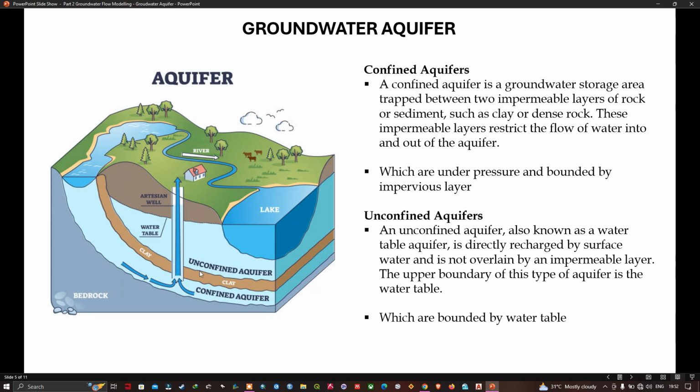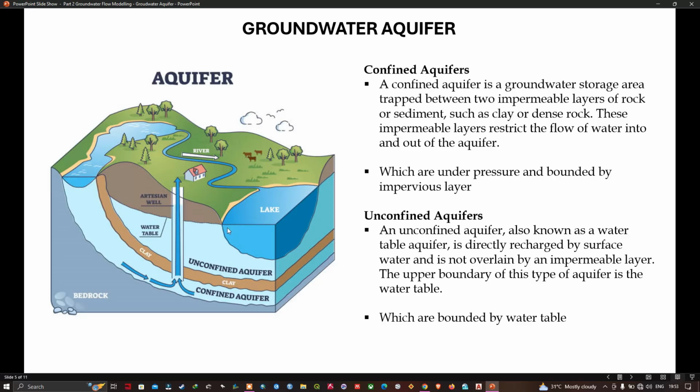In this case, you can observe the clay and bedrock, so it is called a confined aquifer. While the aquifer that has no pressure on it and is bounded by a water table, we can consider as an unconfined aquifer. From this diagram, you can see that the unconfined aquifer is not bounded by any pressure, so it has no impermeable layer. You can see this in the image here.